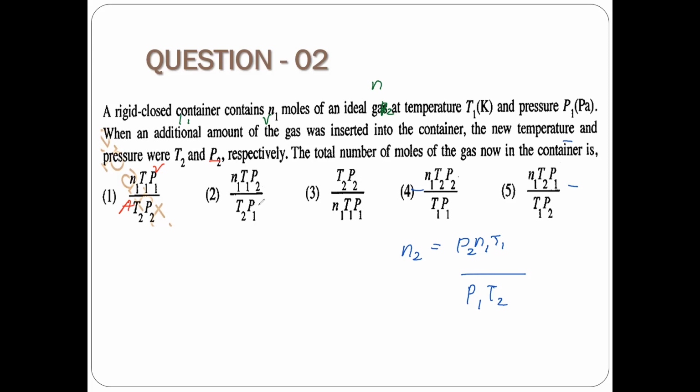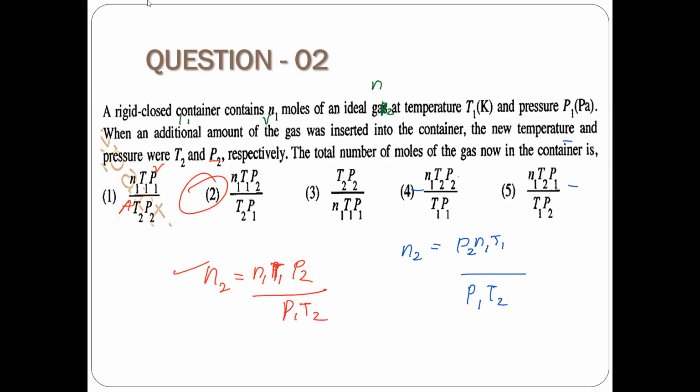Your answer is number 2. If you want to rearrange it, I write it as N1 T1 P2 divided by P1 T2. So this is the answer for question number 2.